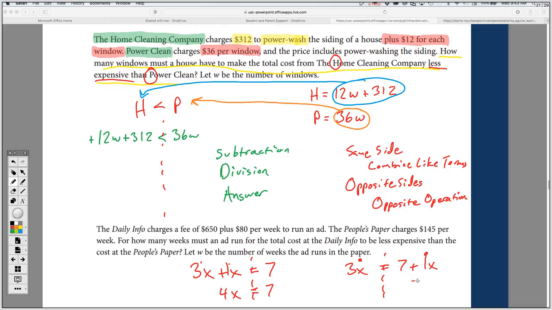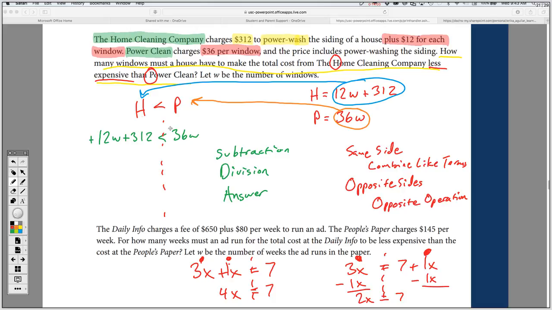Okay? So I'm not solving the whole thing because the point of this was to say what I do if it's on the same side of the wall, and what I do if it's on the opposite side of the wall. So looking at this, what is a like term with 12W? 36W. Same side or opposite?